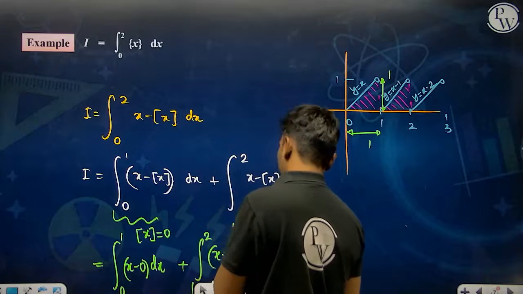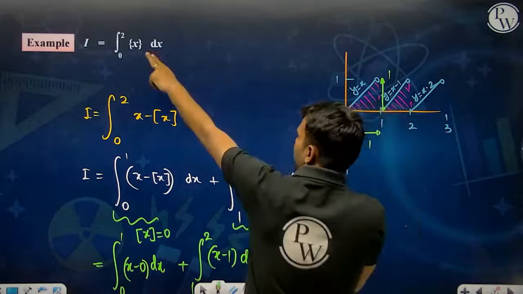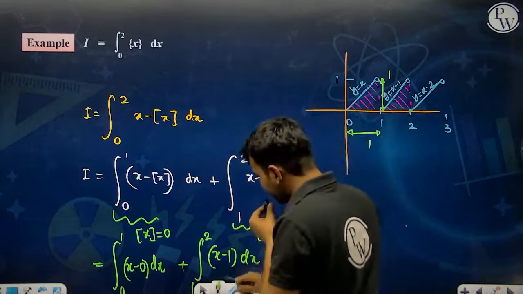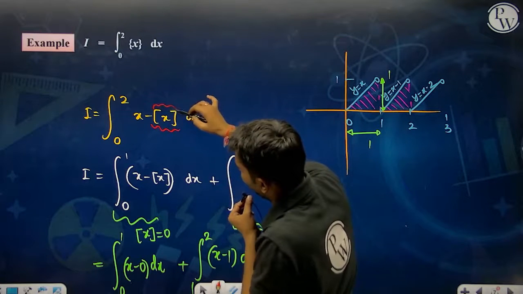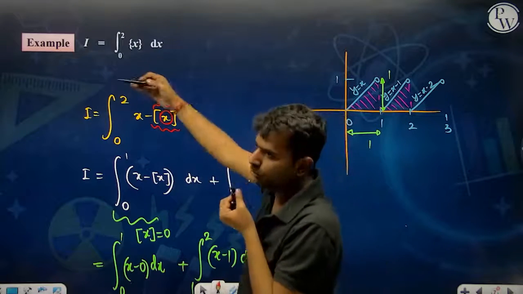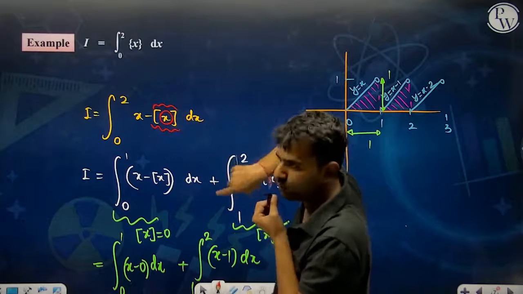I hope now you can integrate it. Let me tell you this once again. Whenever you see fractional part of x, your agenda should be to convert it into the greatest integer function. And greatest integer can be dealt with very easily if you know how to break it: wherever the thing in between becomes an integer, you have to break it. Between 0 to 2, how many integers come? Only one integer, 1. That's why we have broken at 1.